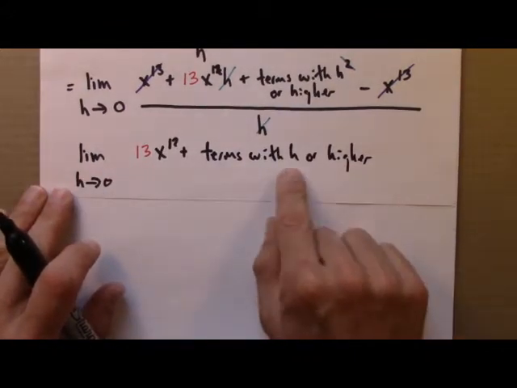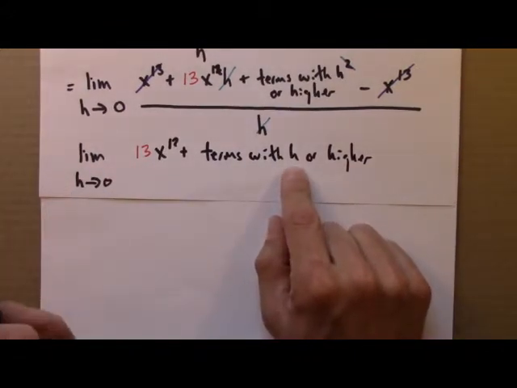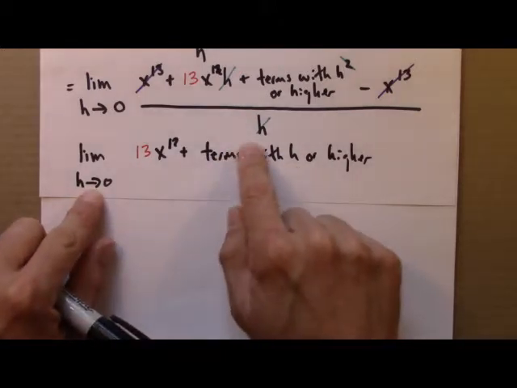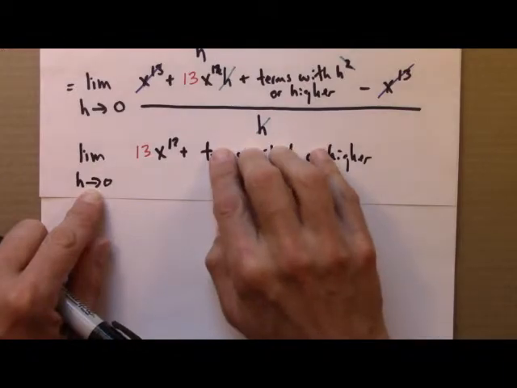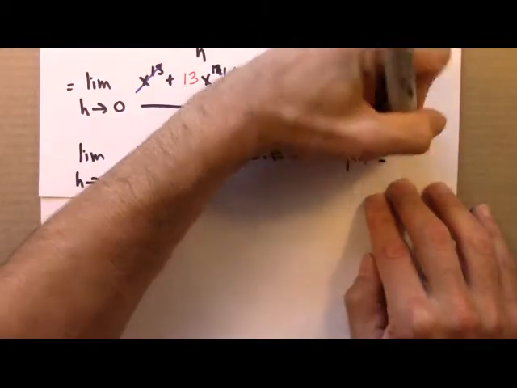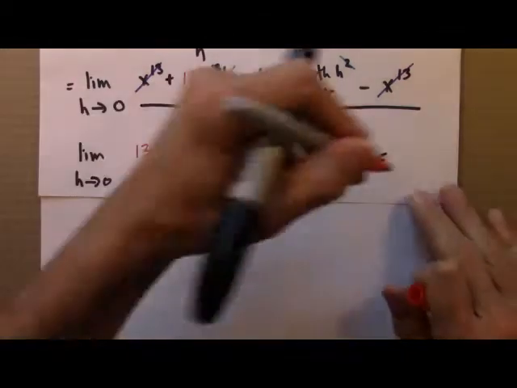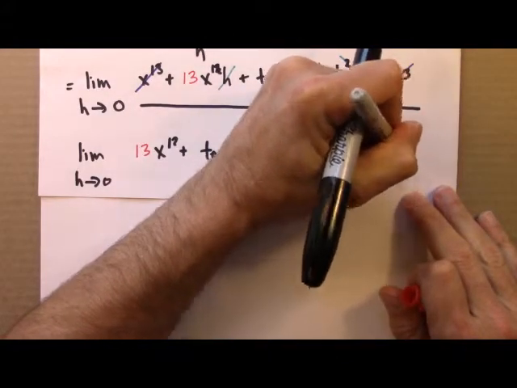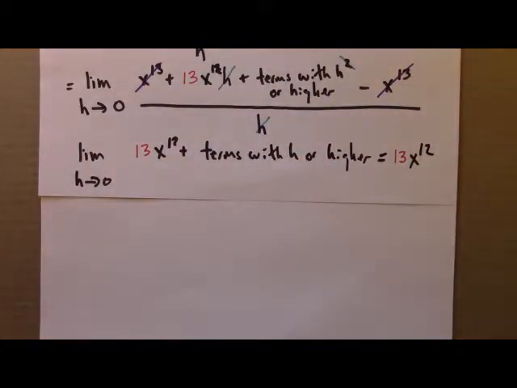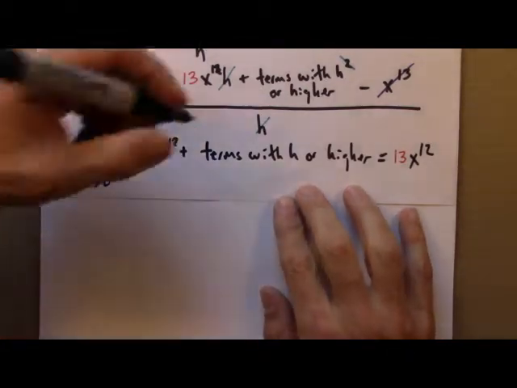So any term that has an h or h squared or h cubed, that's going to go to 0 when I evaluate the limit. So terms with h or higher, all of these terms go away, and all I'm left with is this. So 13 x to the 12.